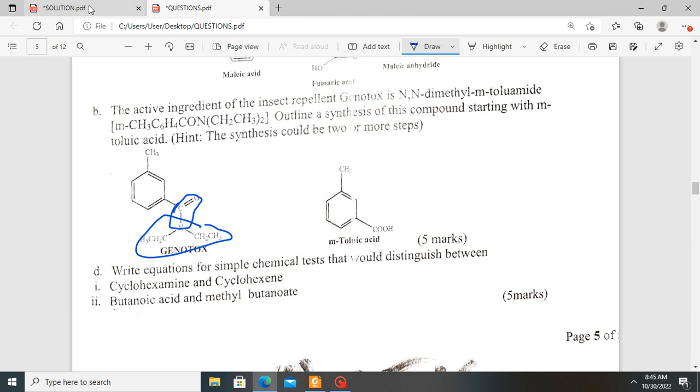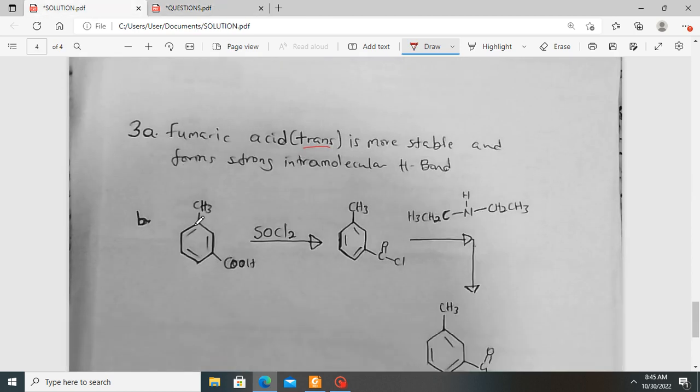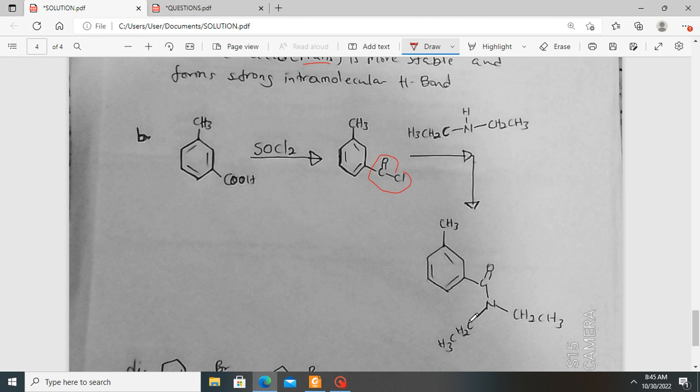So let's see the sequence of reaction involved here. If you have this toluic acid, if you add thionyl chloride, you're going to produce an acyl chloride at this end, as seen here. Then this is the possible amine which you should add to get this compound. This is a secondary amine.